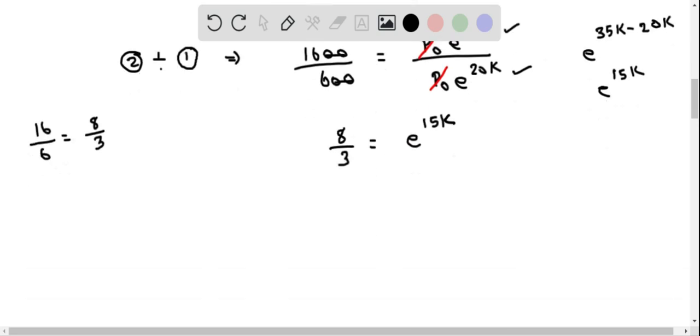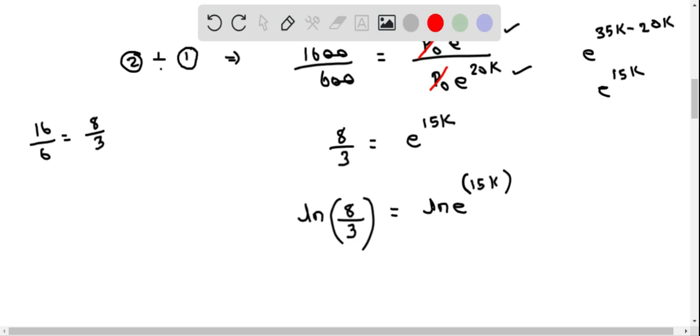Now we apply natural logarithm to both sides so that we can solve for k. That means the natural logarithm of 8 thirds equals the natural logarithm of e raised to the power of 15k. Using the power rule of a natural logarithm, we can bring the exponent in front, so 15k gets multiplied with the natural logarithm of e.